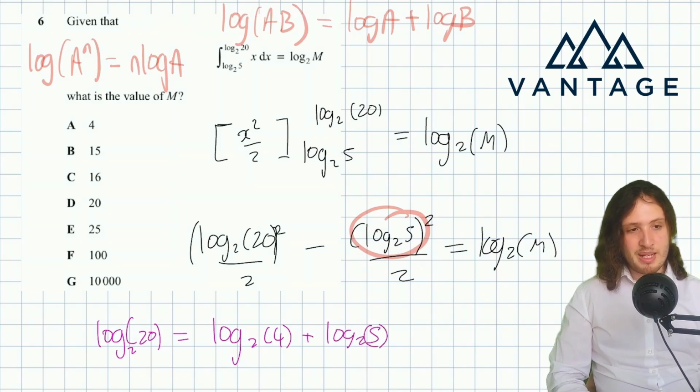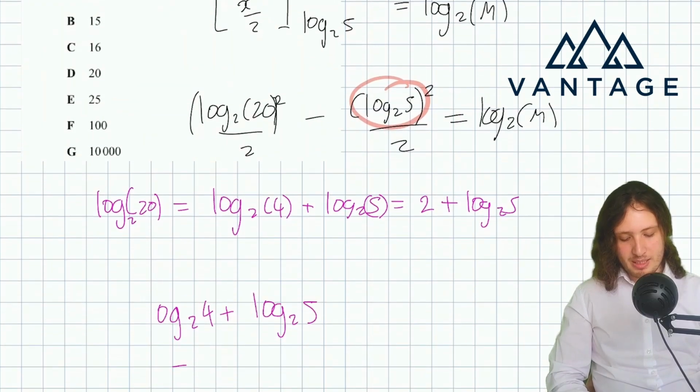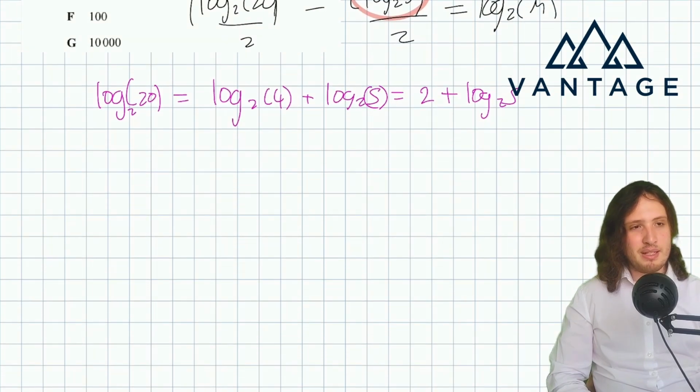But that is brilliant news, because log base 2 of 4 is obviously 2, because 4 is 2 squared. And log base 2 of 5 is common to this thing. So when I square this, I'm going to get some cancellation with that. So this looks pretty promising. Let's do this then and see what happens.